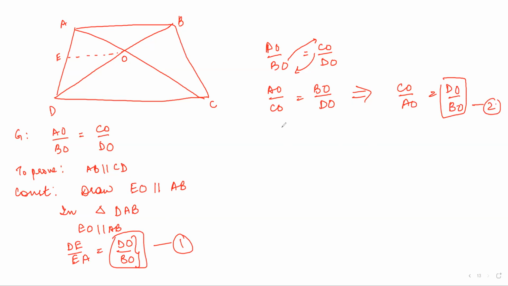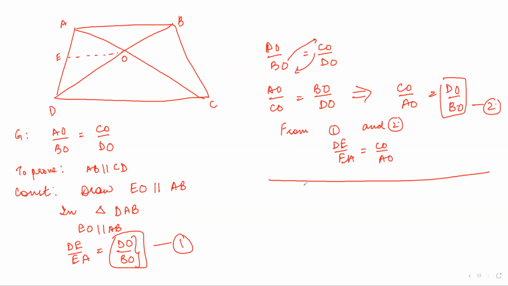Now combine 1 and 2. From 1 and 2, what am I getting? DO by BO is same in both. So that means DE by EA is equal to CO by AO. The LHS is same, so the RHS is same. Now I use this result.